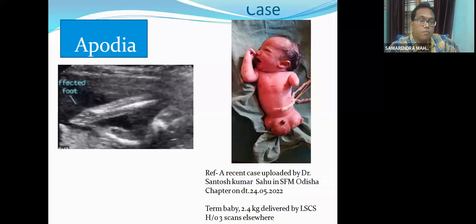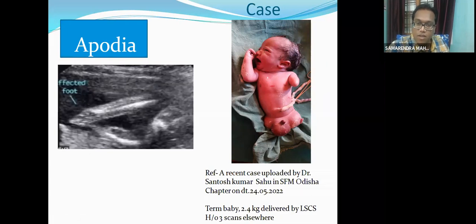And in the left image, the grayscale image, what we are seeing is a middle segment of the lower limb where the tibia is seen and partially the fibula, but the foot part is not seen. This is a case of apodia. And the right image, the real-time image of the baby, is a photo shared by Dr. Santosh Kumar Sahu in real time on 24th of this May.